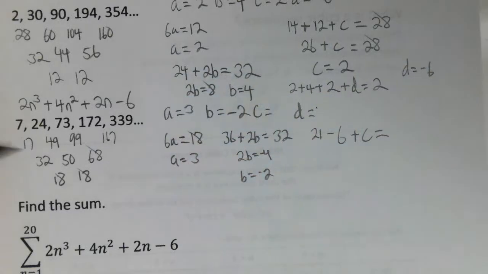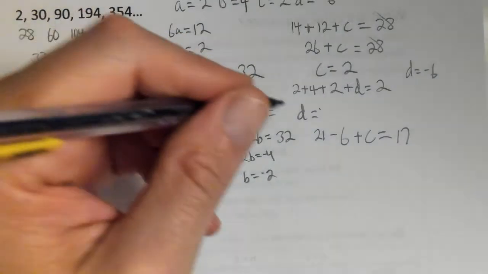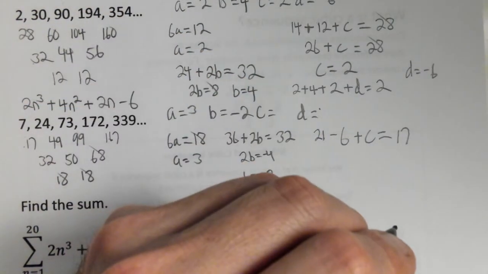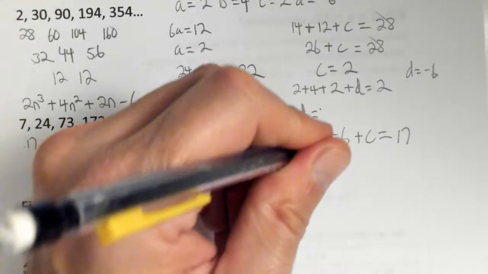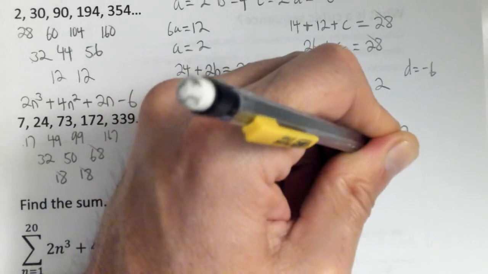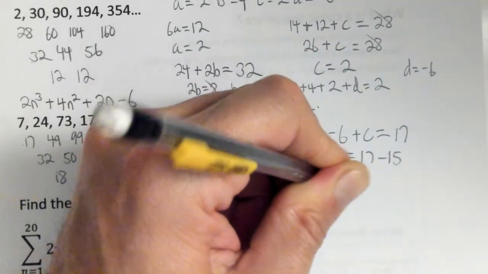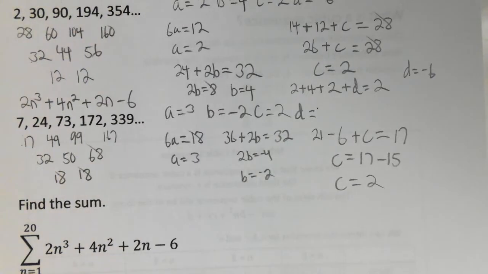Well, what's all that equal to? The first difference, 17. So 21 minus 6 is going to be 15. So I'll move the 15 to the other side also with the 17. 17 minus 15. That's going to make my c equal to 2. And so my c is equal to 2.